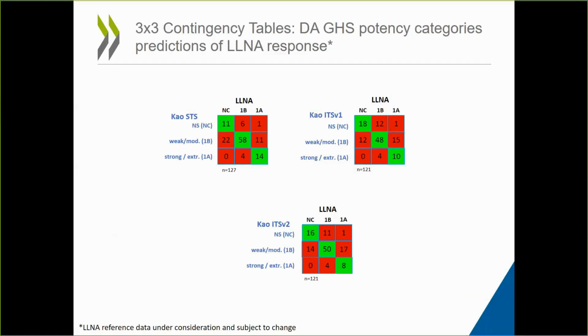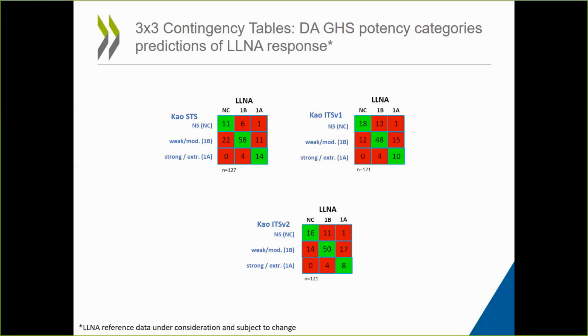So these numbers are subject to change, but the take-home message here is when you look at the prediction for example, non-classified or non-sensitizers, the misclassification tends to be only 1 category away with 1 chemical exception. So the predictions are quite good in terms of agreement between the defined approaches and the LLNA, and when there is disagreement between the categories, they tend to be 1 category off.